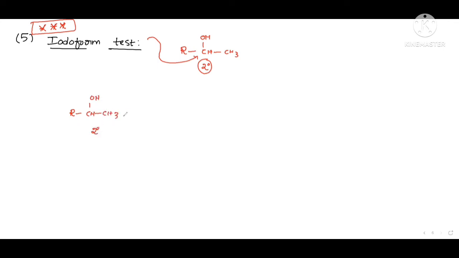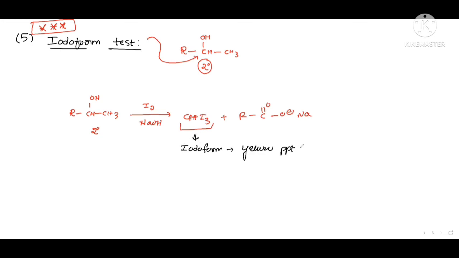This is a secondary alcohol, which is reacted with iodine in the presence of sodium hydroxide to form CHI3 plus sodium acetate. This CHI3 is called iodoform, which is a yellow precipitate and gives an antiseptic smell.